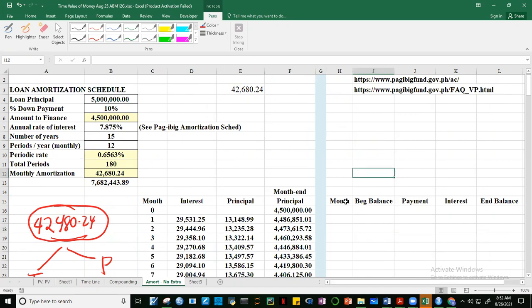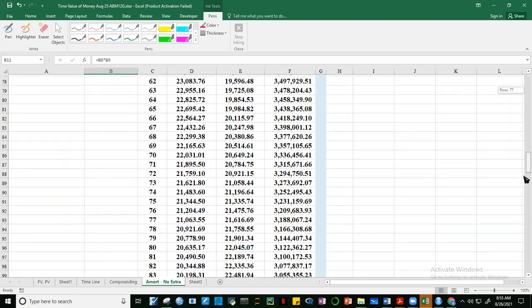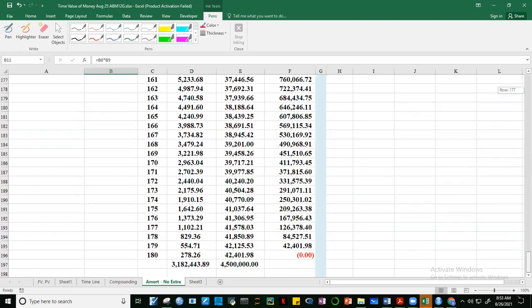What will happen next meeting is that we're going to create a more dynamic amortization table, so that when kunyari may binago tayo dito, dapat automatically magbabago to. Dapat automatically magbabago din yung months dito.